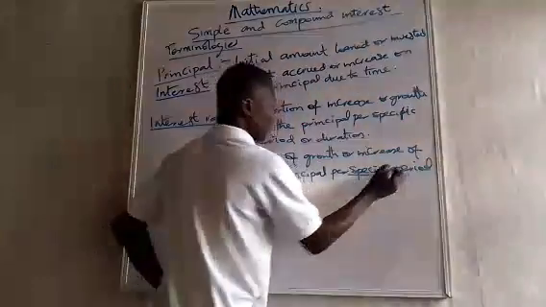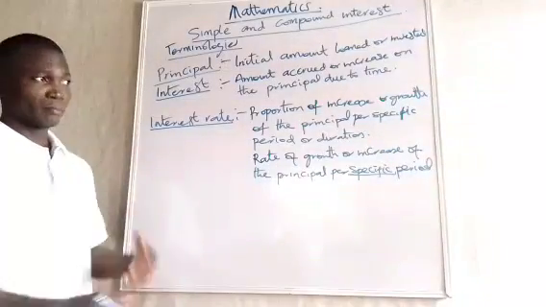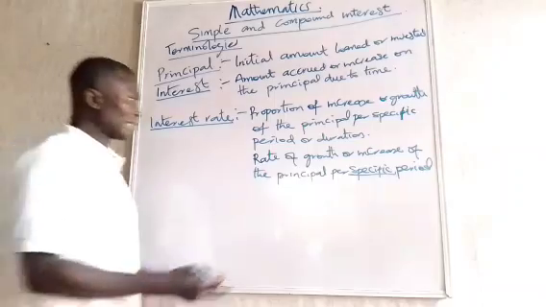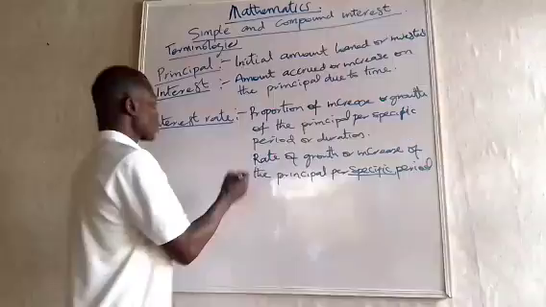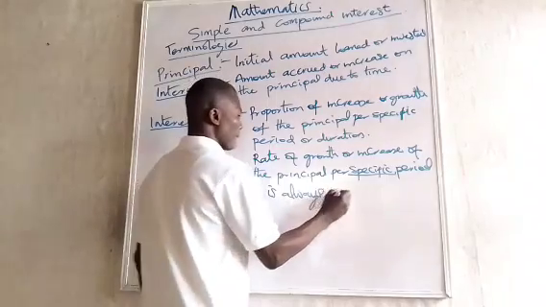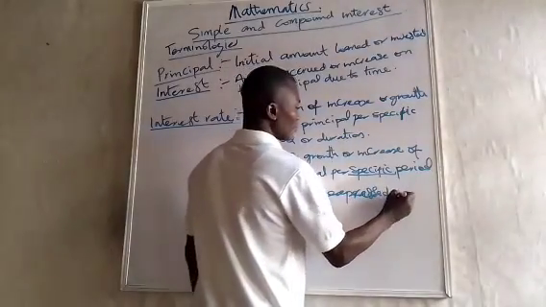The reason why I wrote specific period is it can be per month, it can be per annum, it can be per semi-annual, whatever. That is why I wrote specific time. And it is always expressed in percentage.